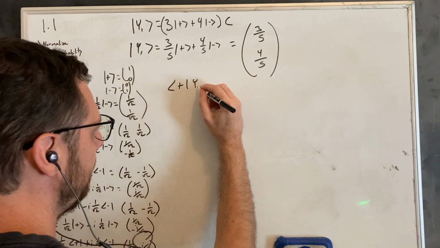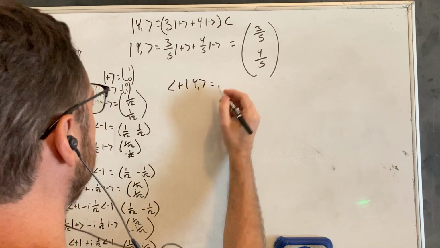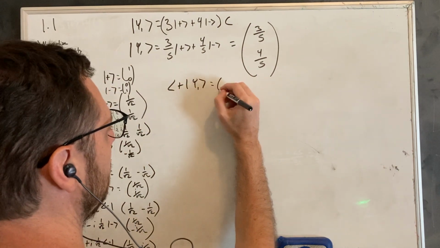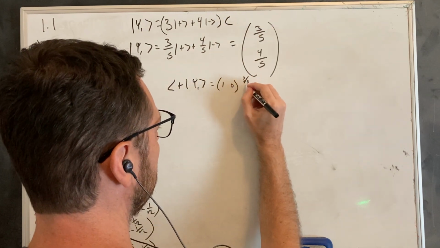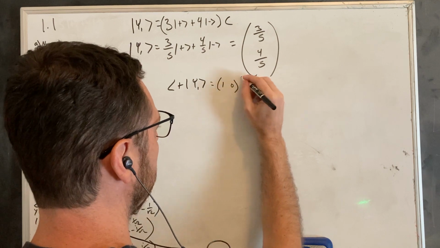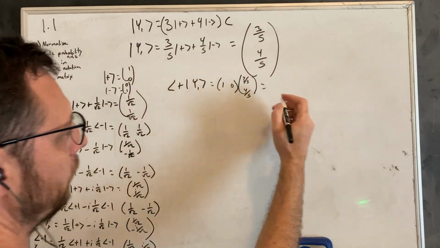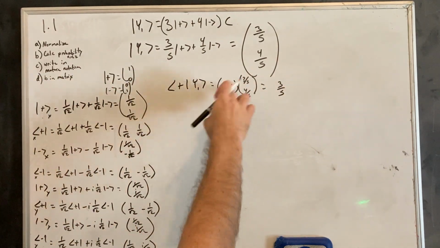We did the math already, but I'll show how this would go. All right, so our plus here is 1, 0, in row form, and then 3 over 5, 4 over 5, so that'd be 3/5 times 1 is 3/5, plus 4/5 times 0 is 0.